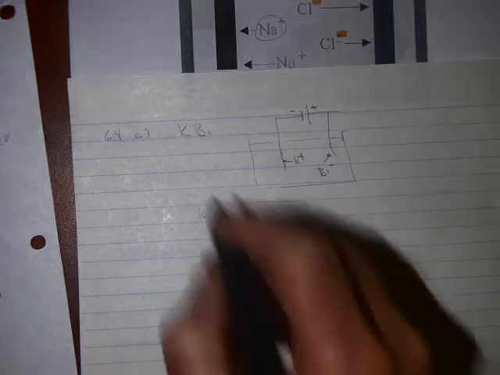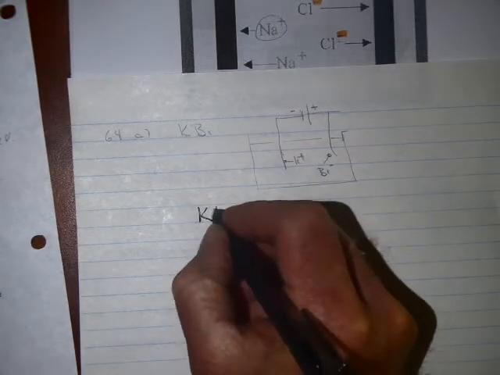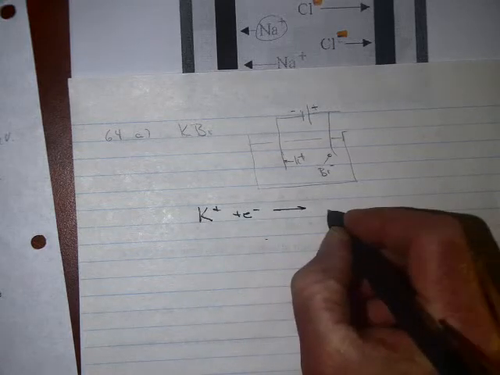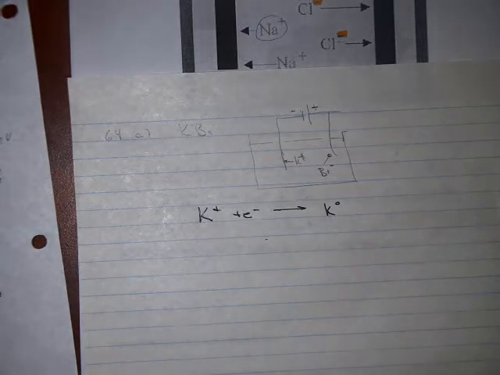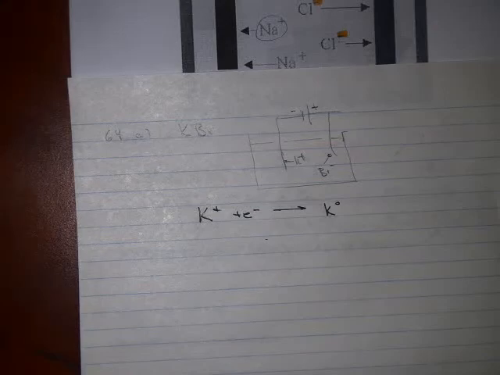I should do this in black so you can see what's going on. So you have potassium ion plus an electron going to K. And what does it say? Where's my table? What did I do with my table?